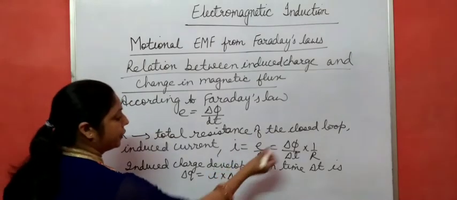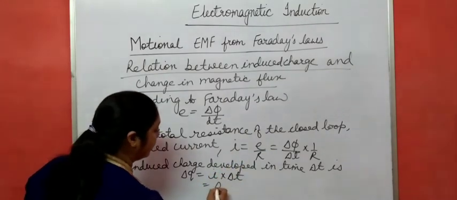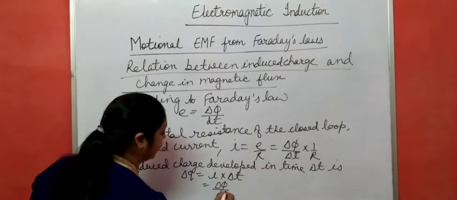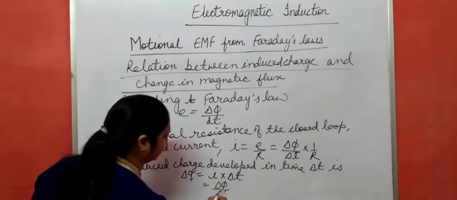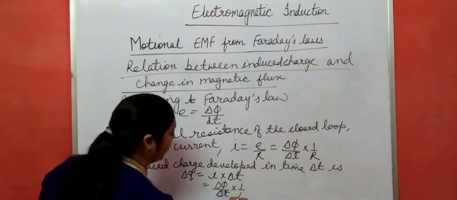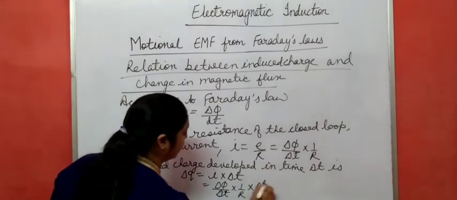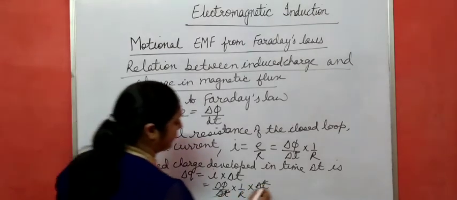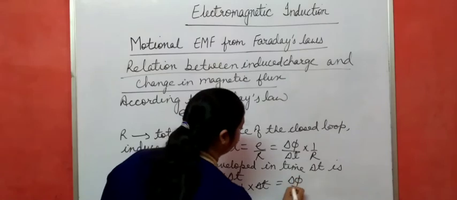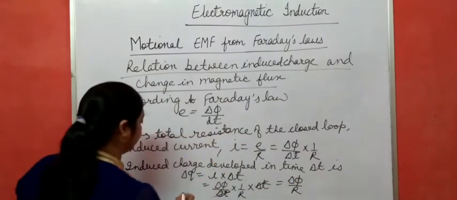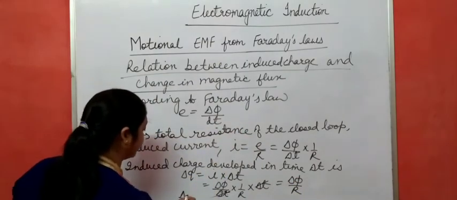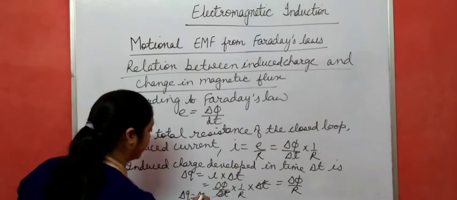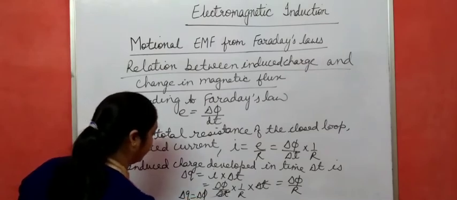So this is del phi by del t into 1 by R into delta t. The delta t cancels, and this becomes del phi by R. So this is the expression for induced charge: delta Q equals delta phi by R.